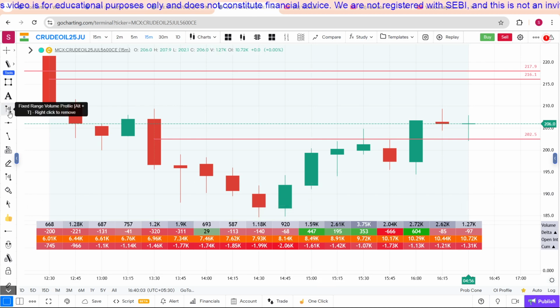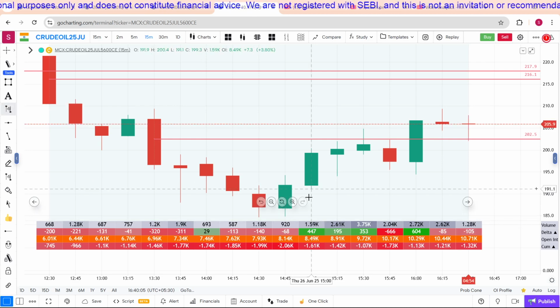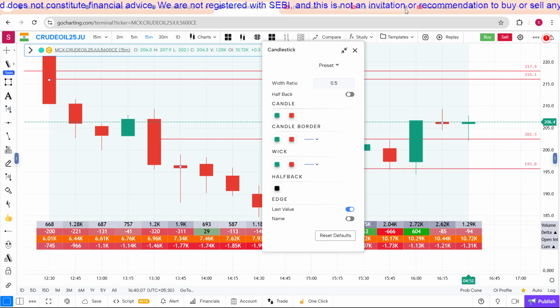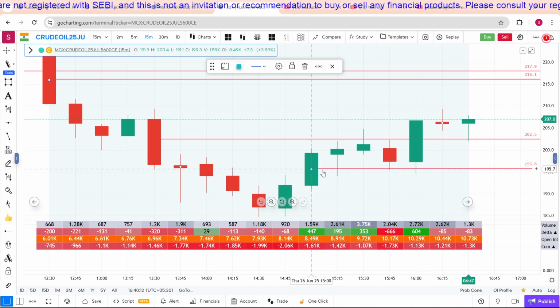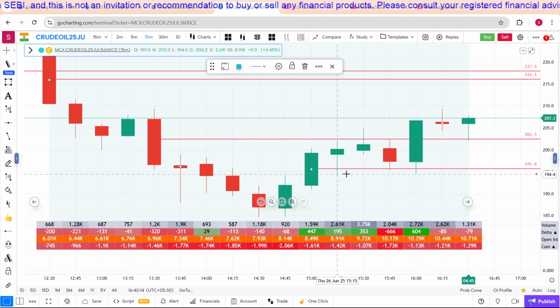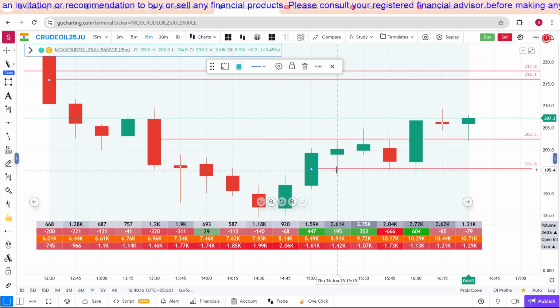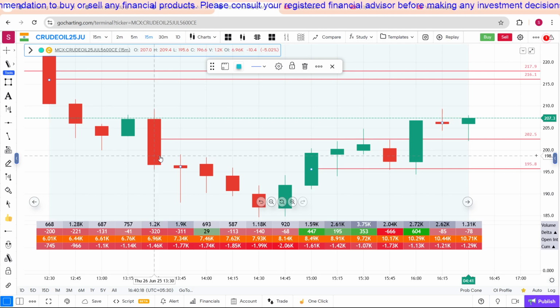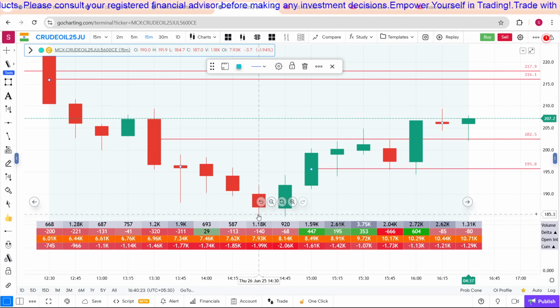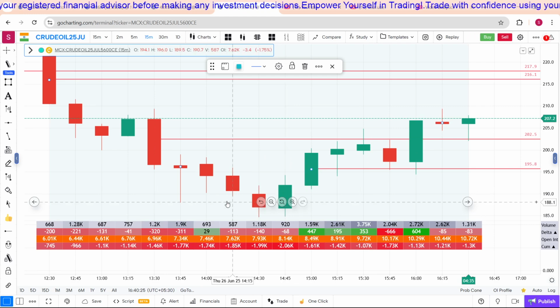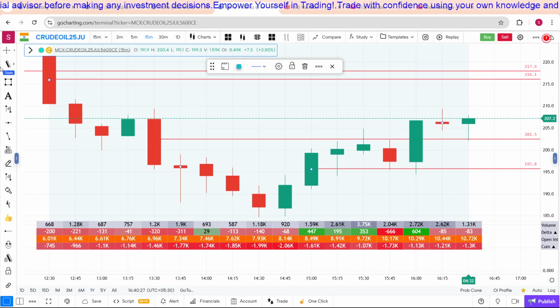So we need to find the support of this candle. And when we are buying, taking a long position at this level, we need to find the volume point of control of the preceding 4-5 red candles also.